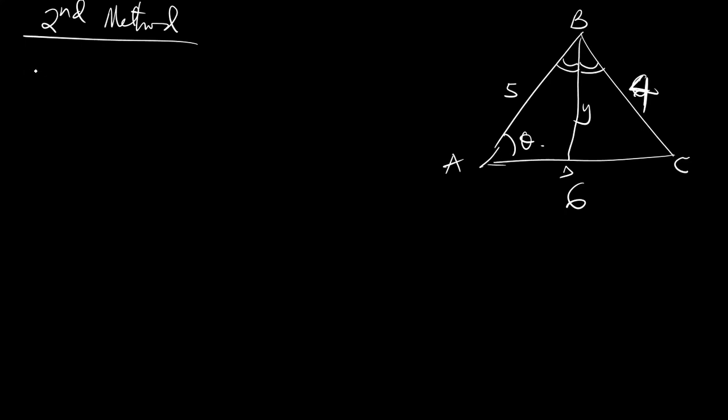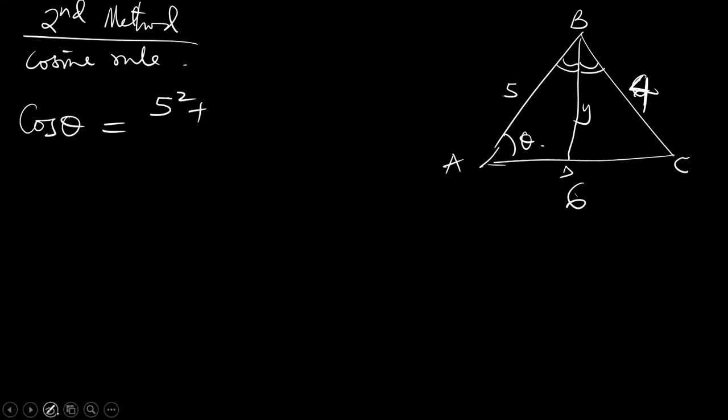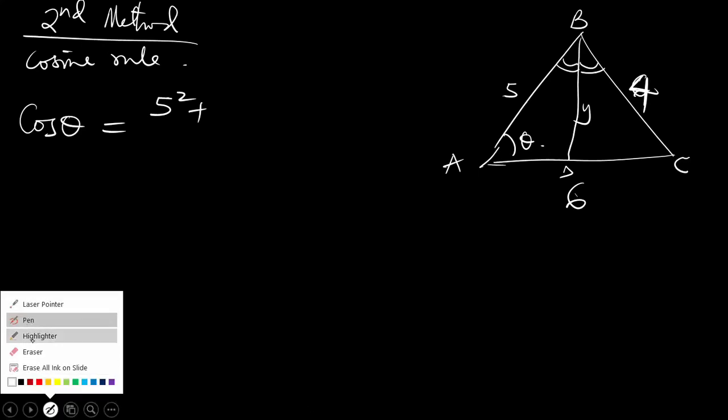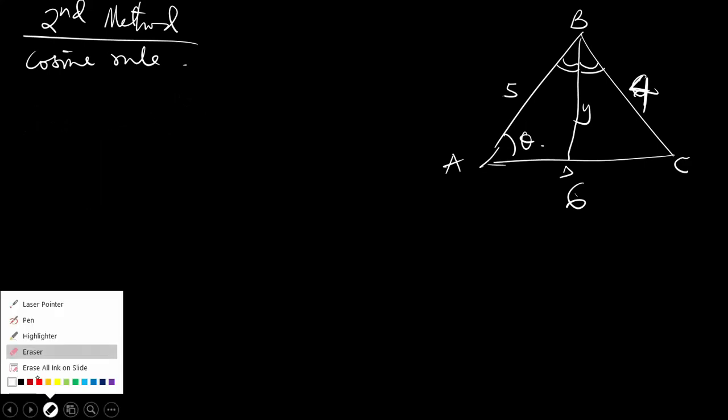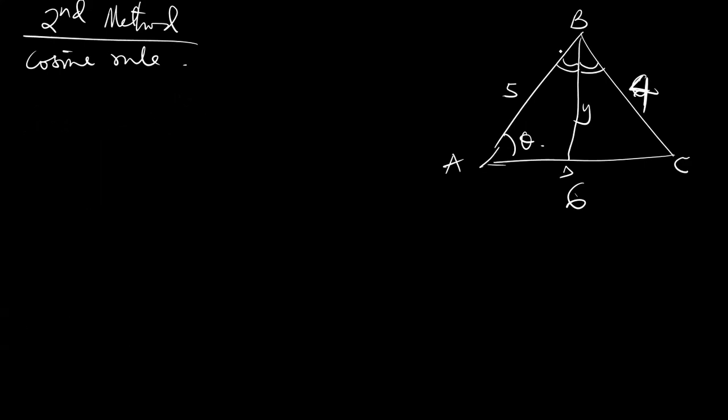Now using cosine rule, you know cos theta is equal to, the sides that are adjacent to that angle, you have 5 square plus. Okay, let me just write the formula for cosine.